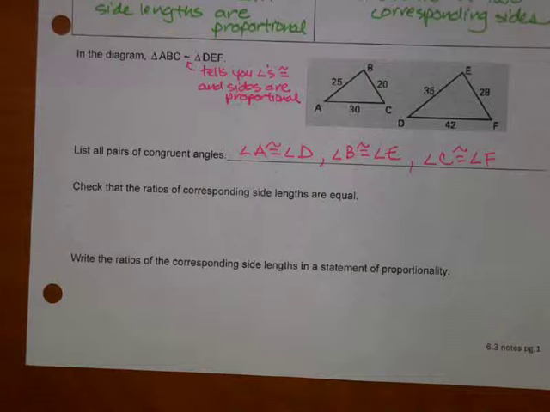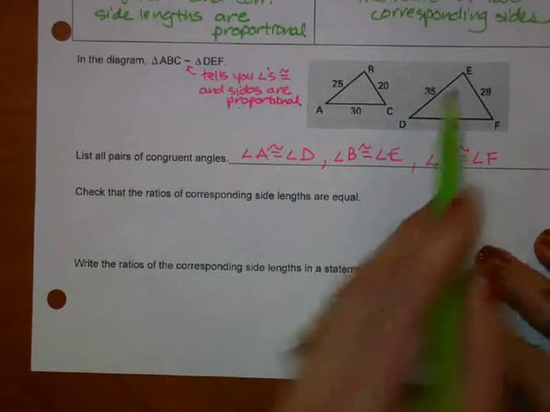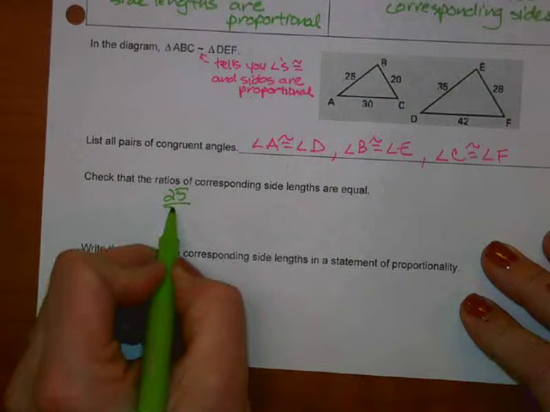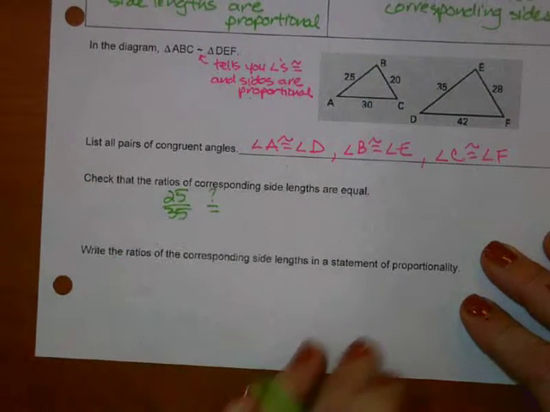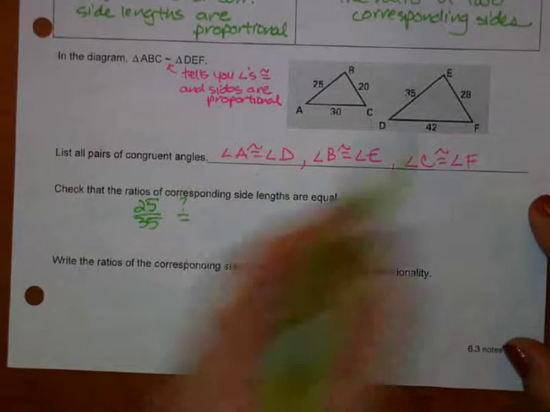Check that the ratios of the corresponding side lengths are equal. We're checking that those side lengths are proportional or equal. Okay? So, what you do is you just set up, so AB corresponds with what side? DE. So I'm going to say 25 over 35, and I'm going to check if that is equal to 30 over 42.